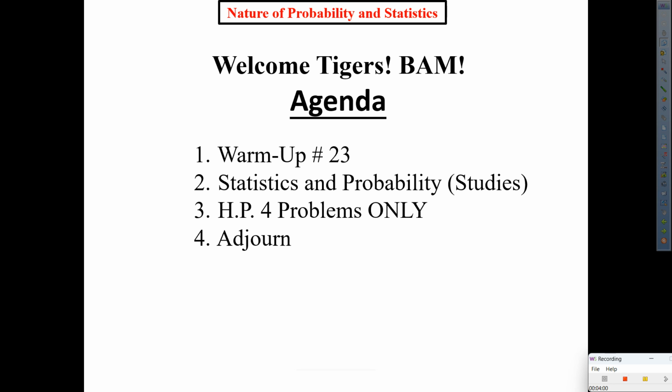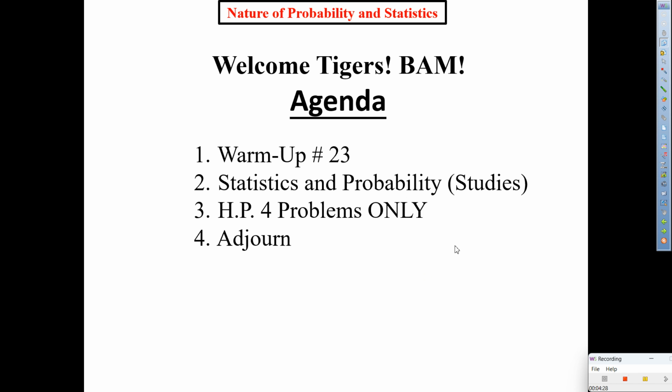We talked about variables and so on and so forth. Today we're going to focus on studies. Now, the study section in your textbook has a couple other components. Today I want to make sure that you are clear in regards to the different types of studies that are out there. All right. So I'm sending the agenda to your screen.